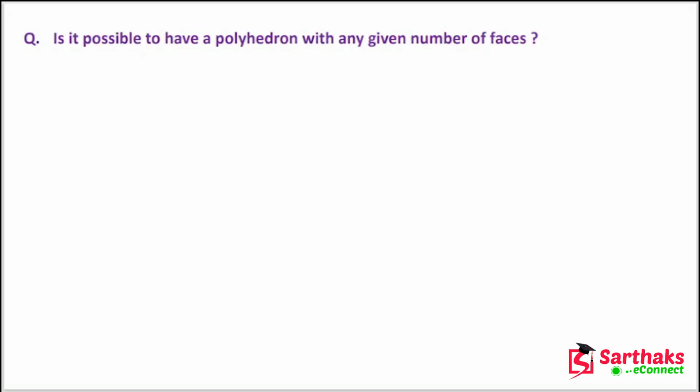But after that, is it possible to have any number of faces? Yes, it is true. So we can write the solution as positive: yes, we can say a polyhedron is possible, but it should have at least 4 or more faces.